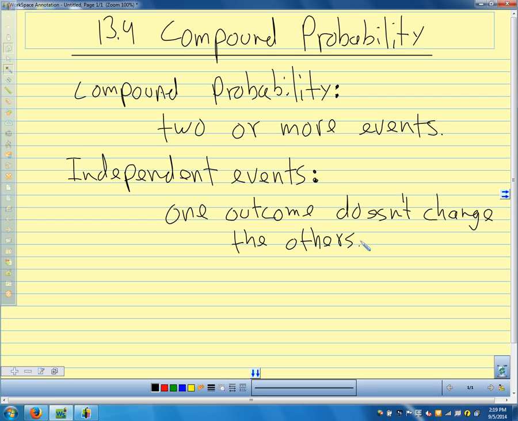An example of an independent event would be flipping a coin, getting a heads, and rolling one die and getting a 6. What happens with the coin doesn't change what happens with the die. Rolling a 5 on your die and picking a king out of a deck of cards. Whatever happens on the die doesn't affect what happens with the cards. Those are independent events.